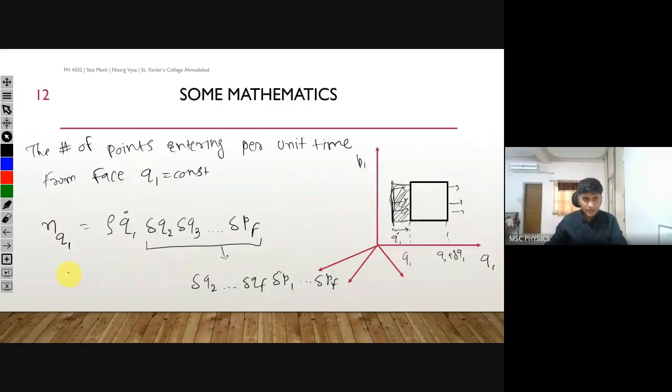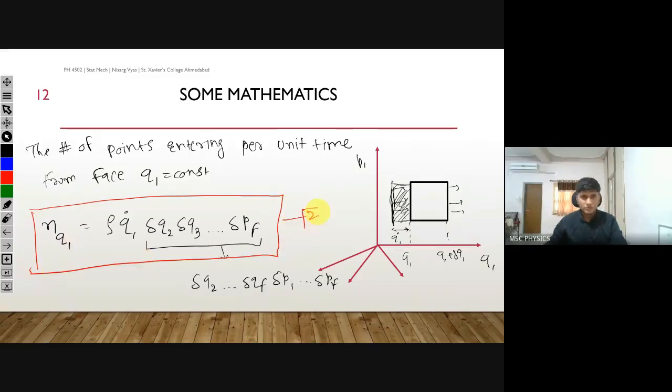I didn't number the earlier equation, so let me give it the number 2.